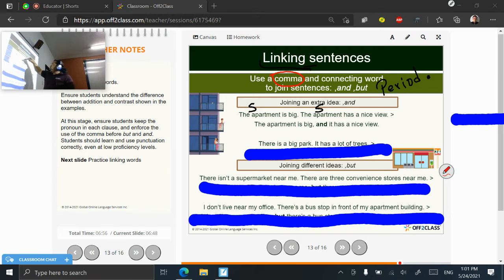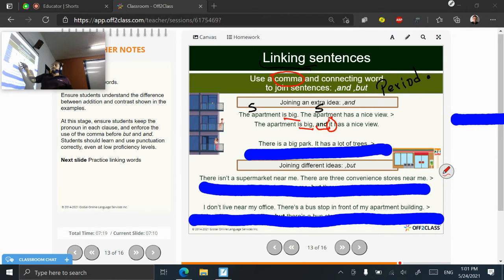Here we have is big, comma, because we're putting that idea together, and we are connecting the second idea. It has a nice view. Here we have something.